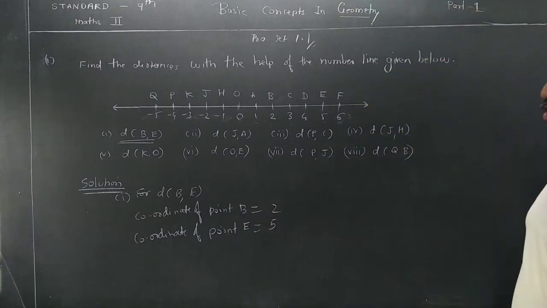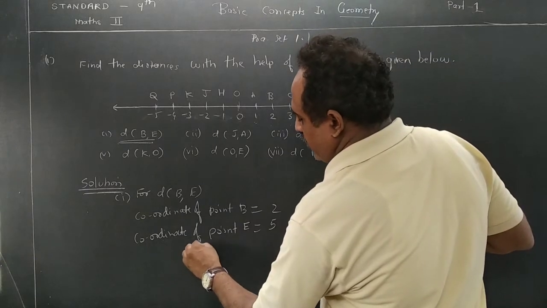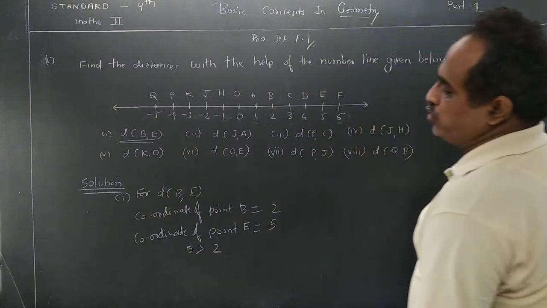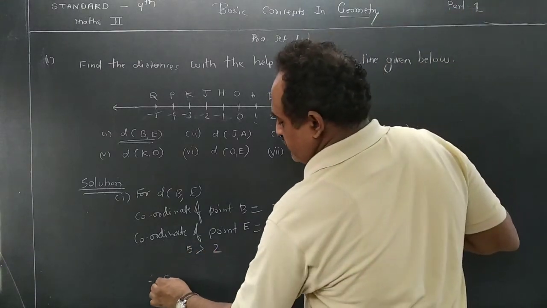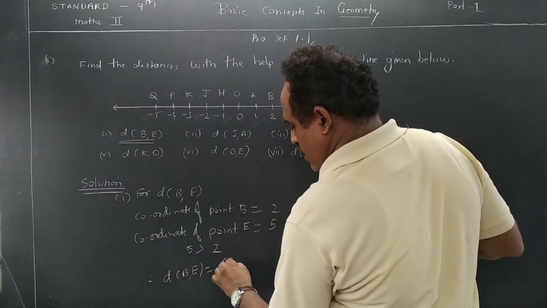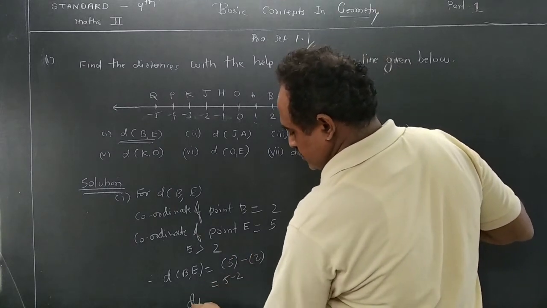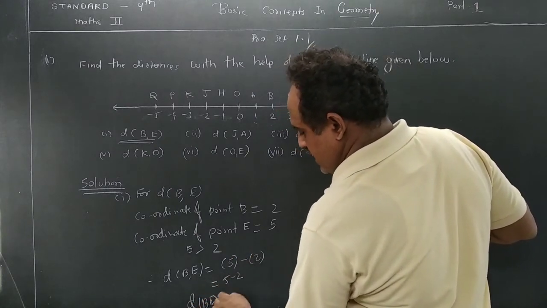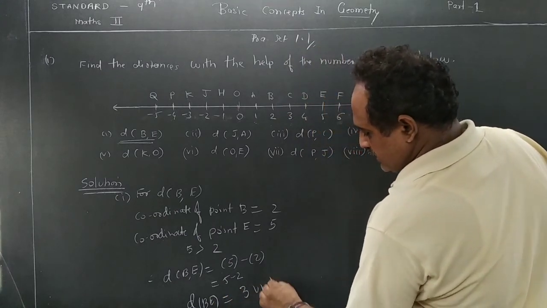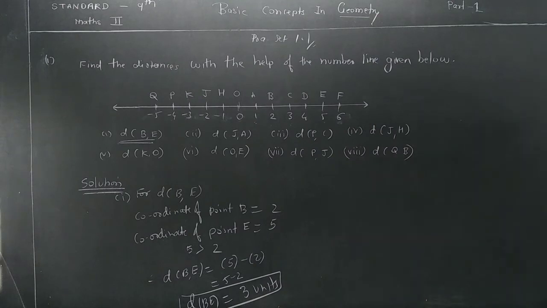Which one is greater? 5 is greater than 2. Therefore, distance BE is equal to 5 minus 2, and distance BE is equal to 3 units. Have you understood how to do it?